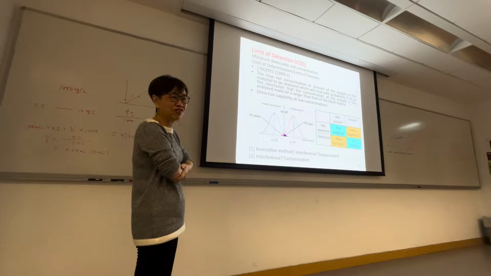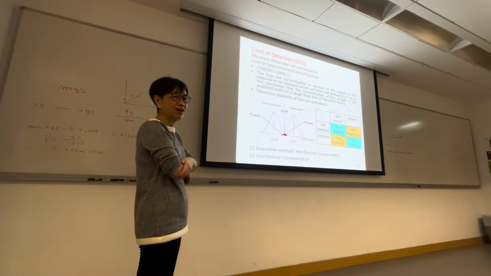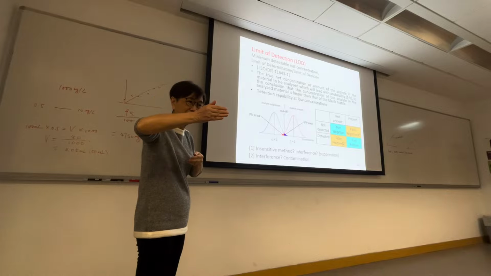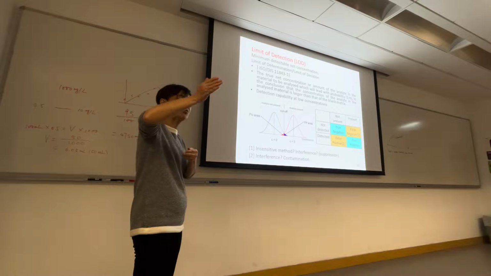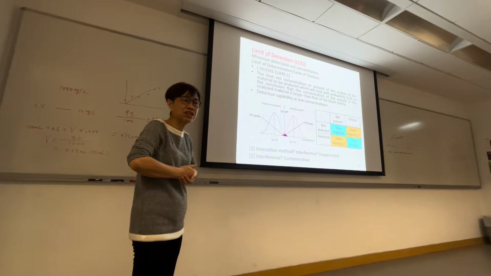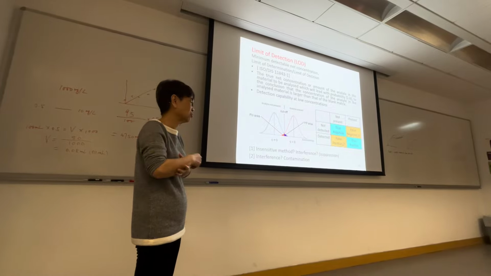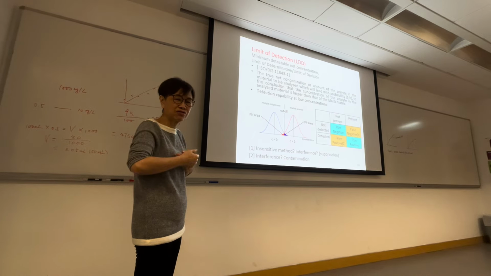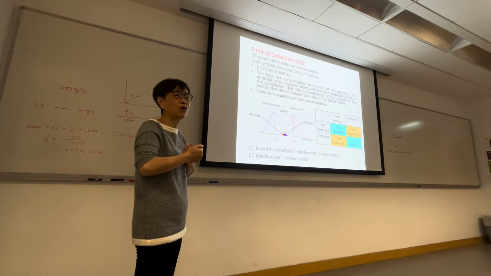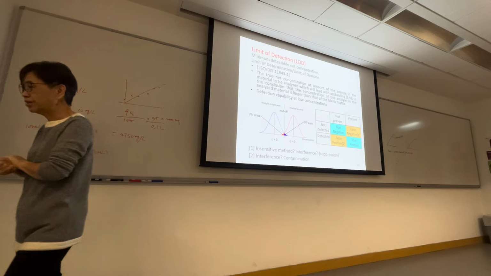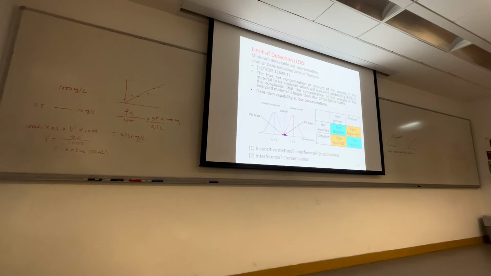If there is interference, yes, the background will be higher, and your LOD will be much higher, okay? So in order to reduce the LOD, you need to remove the impurity. That is one approach. Or you need to use a more selective or sensitive method. So it depends on the situation.